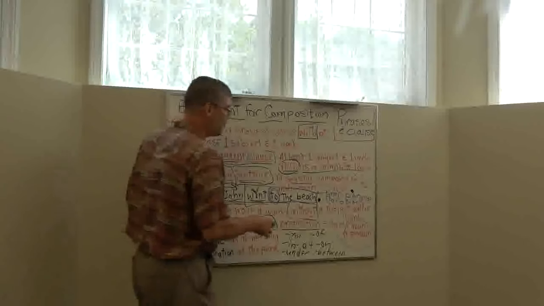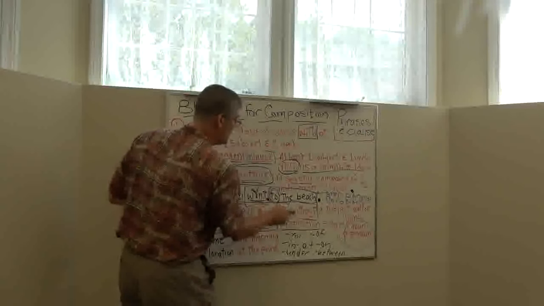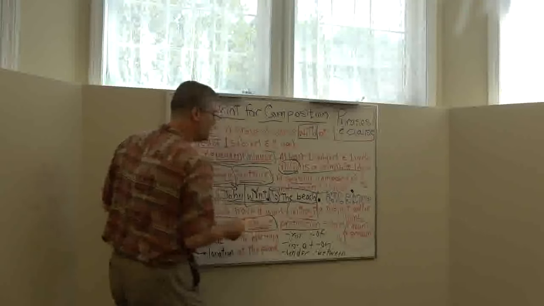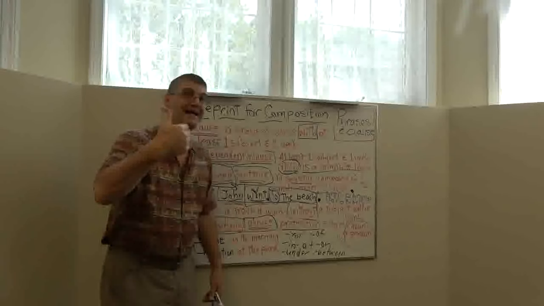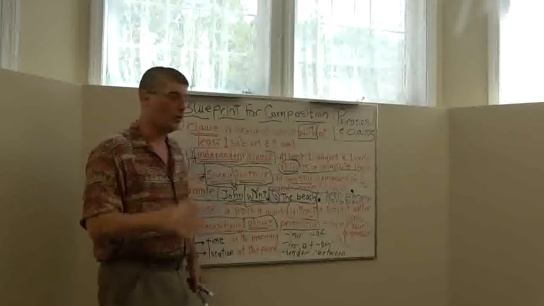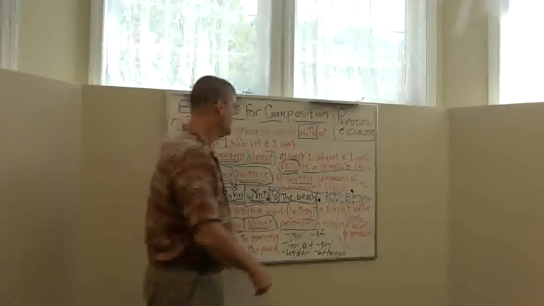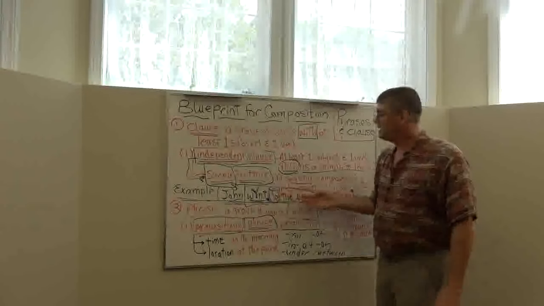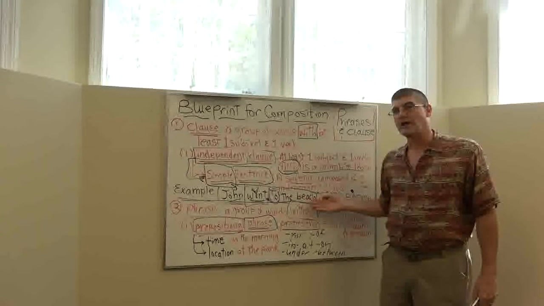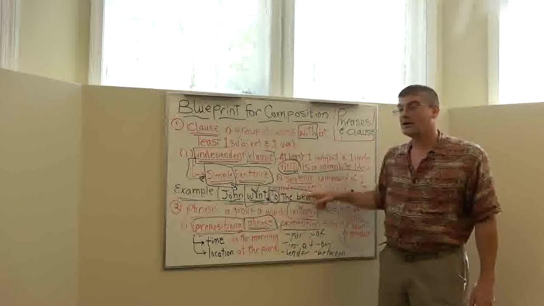Now, problem. If I put a period here, and I erase this T, and I put a capital T there, okay, John went. That's a complete idea by itself, yes. But is to the beach a complete idea? No. To the beach is a phrase. I cannot use a phrase as a separate sentence. So, if someone were to write this as a sentence, this would be incorrect grammatically because it does not have a complete idea and it's not a complete thought.